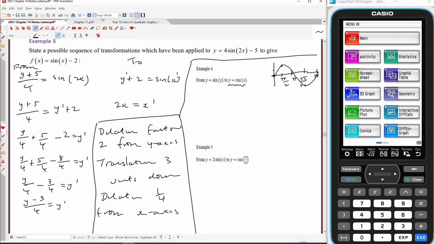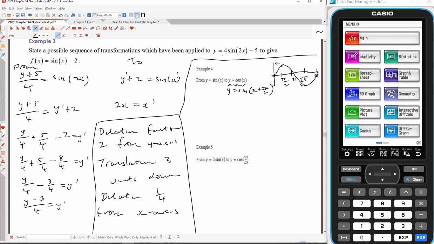Right, now, if I want to turn this cosine graph into a sine version of it, all I would do is move the standard sine graph pi on 2 to the left, okay? And what's going to happen is it'll turn it into a cosine graph. So I can actually rewrite this cosine graph as sine of x, and to move to the left, I'm going to go plus pi on 2.